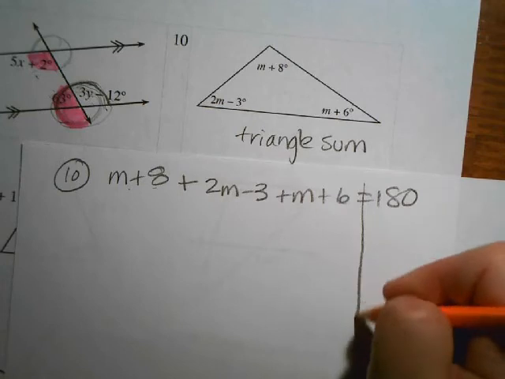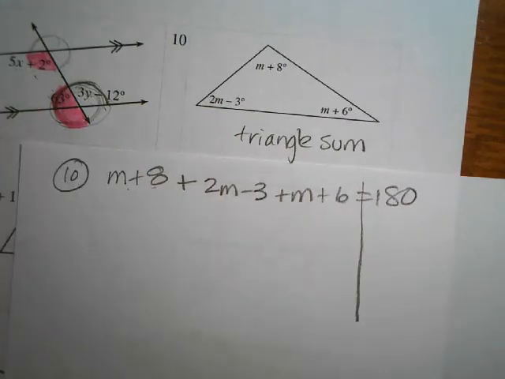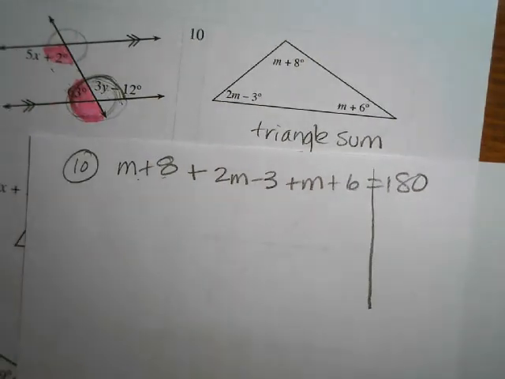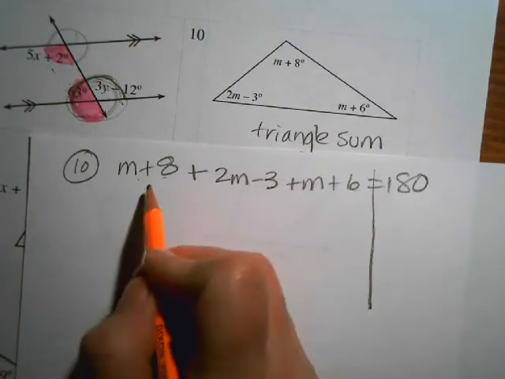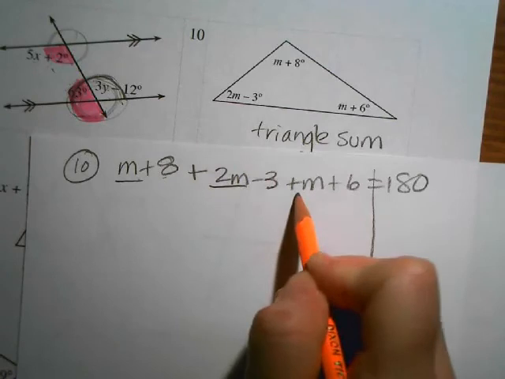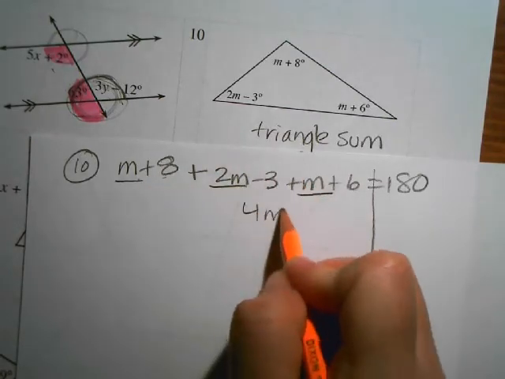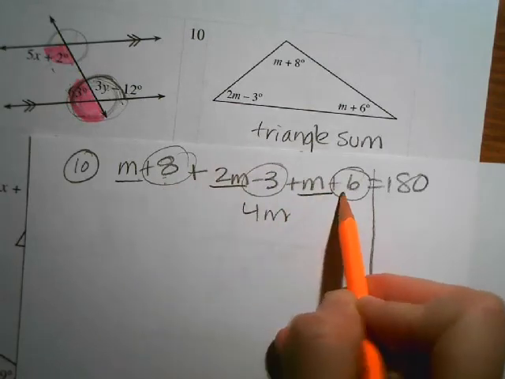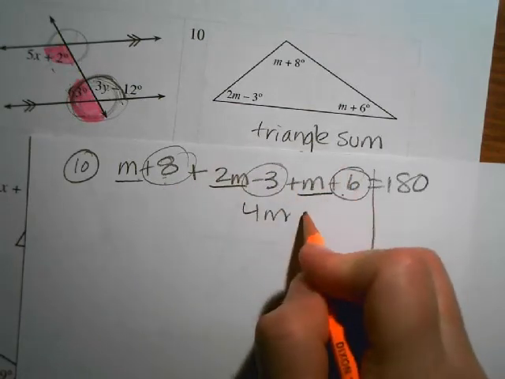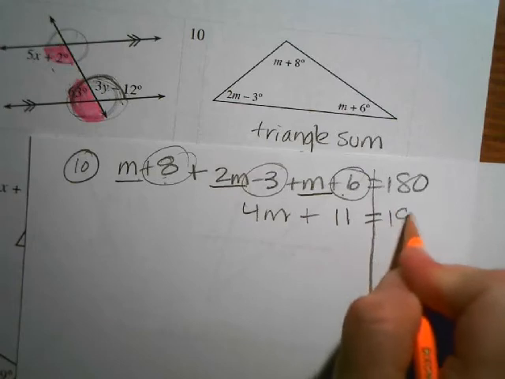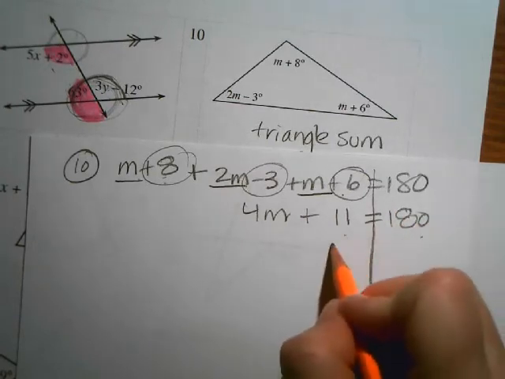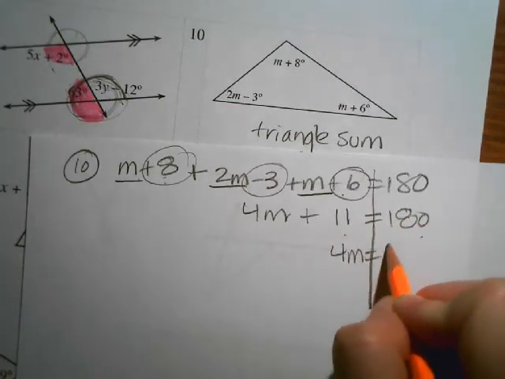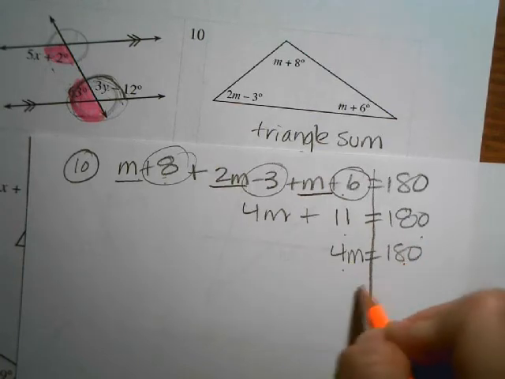Let's combine like terms. That's going to be 4m. Positive 8, positive 6 is 14 minus 3 is 11. Subtract 11 from both sides. Divide by 4.